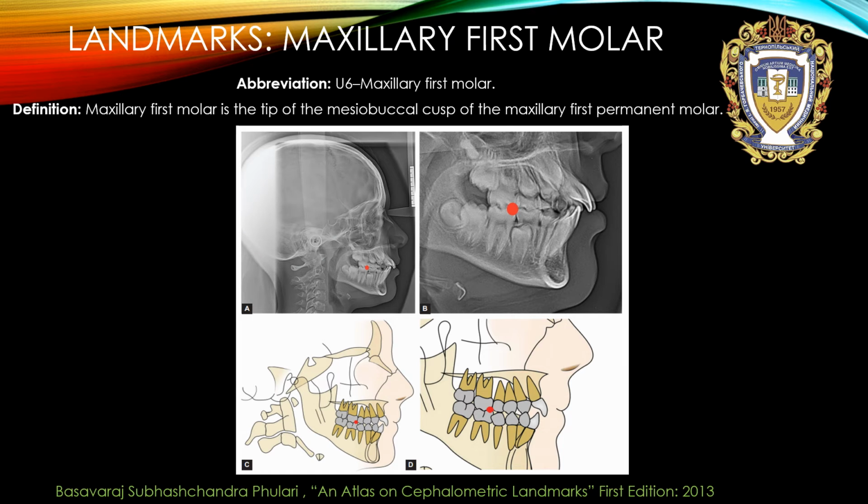Maxillary first molar, U6, upper 6, is the tip of the mesiobuccal cusp of the maxillary first permanent molar. It is the cusp which indicates the big key of occlusion, mesial buccal cusp.